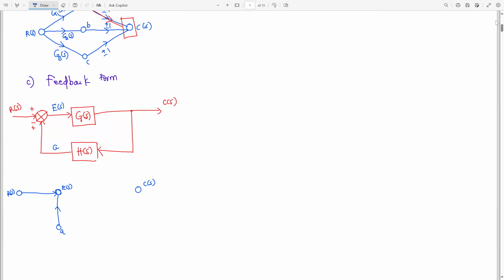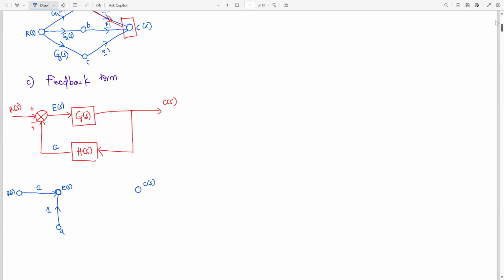So this one has a transfer function of 1, and then this one also has a transfer function of 1, right? Since this signal is moving into this node and this signal is moving into this node, it signifies that the signal E of S is going to be the output of a certain summing junction, which is somewhere here. I don't want to confuse you that much, but let me see it one more time.